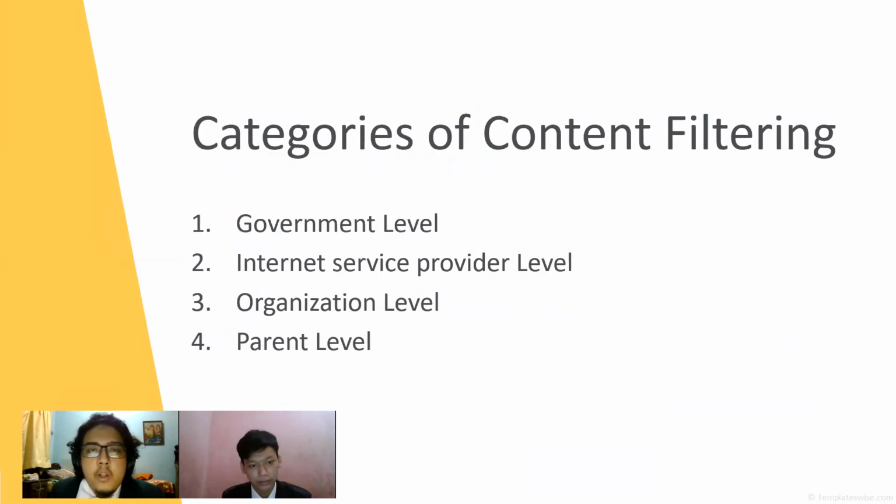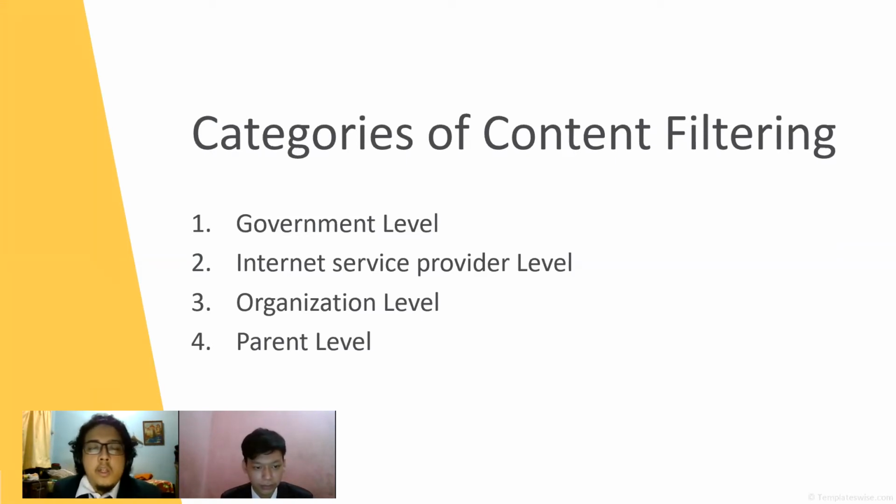Next are the categories of content filtering. First is the government level, which means the Ministry of Communication and Information blocks content through the filter to protect the country's principles. Next is the internet service provider level, which means the filtering is done by installing it on the ISP, and the blocked content is usually recommended by the government.